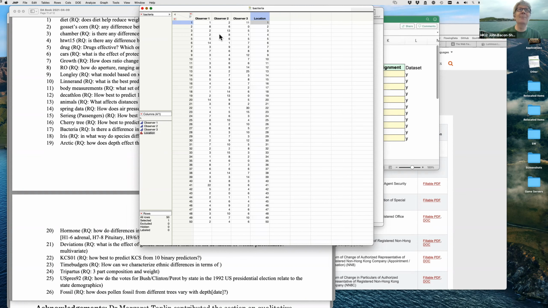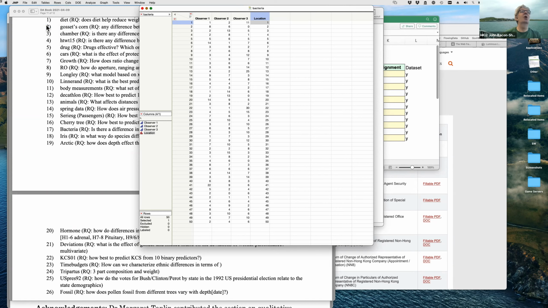Because we do not have replicates here, we cannot look for interactions. If we had done multiple observations at each location, so if we'd done counts on 2 different occasions for each of the observers, then we could look at observer crossed with location, but here we haven't. So we need to reorganize this data in order to look at this. How can we reorganize it?